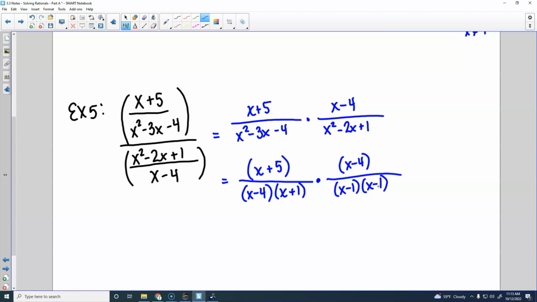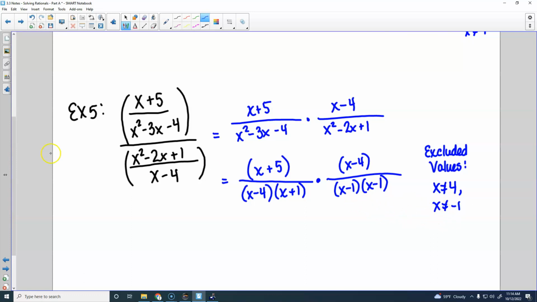Now, what can be a little tricky about these is excluded values. So my excluded values: x cannot equal 4. x cannot equal -1.